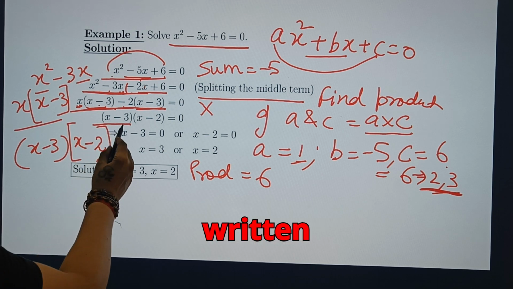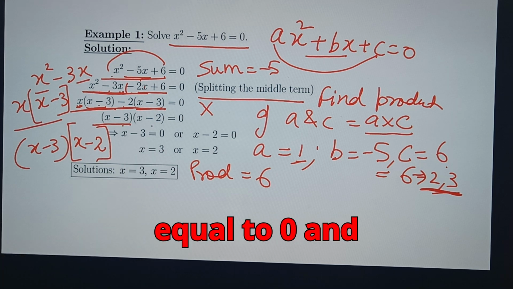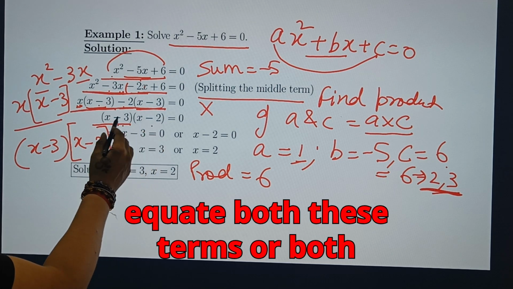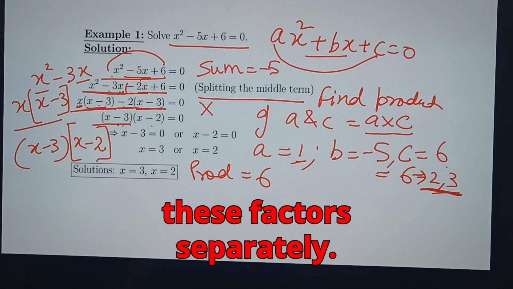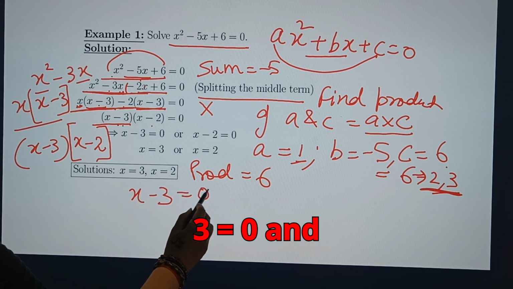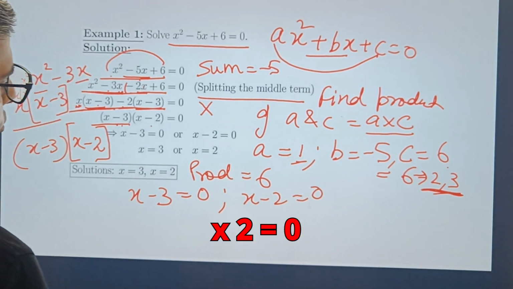Therefore, we have written (x minus 3)(x minus 2) equals 0, and we have to equate both these factors separately. That means x minus 3 equals 0 and x minus 2 equals 0.